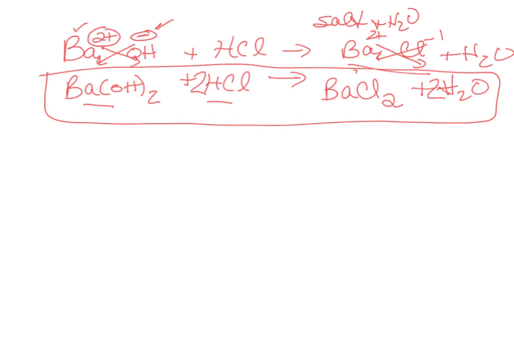The problem tells us that our hydrochloric acid solution is 0.15 molar and that we use 150 milliliters of it in this reaction. And the problem wants to know the grams of barium hydroxide that's needed to react entirely with this acid.